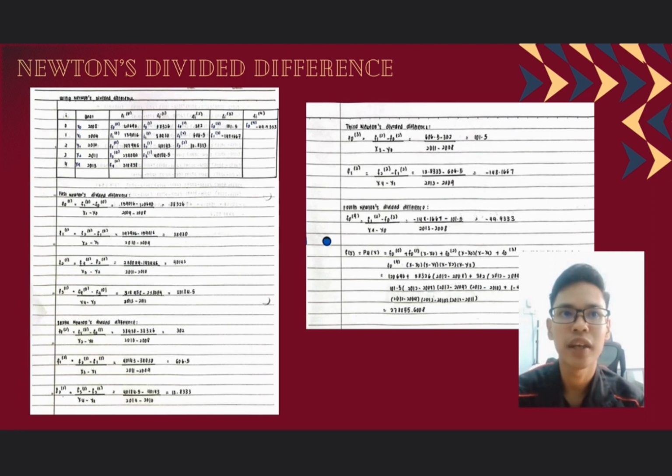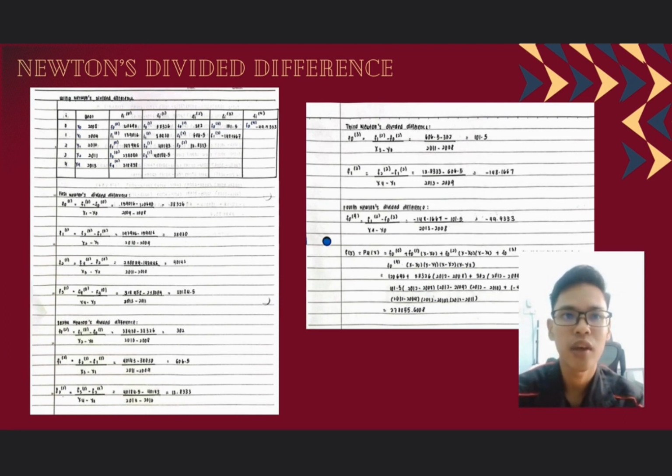The formula for Newton divided difference might be different from Lagrange interpolation. For Newton divided difference, we have to use a long table to find F0, F1, F2, F3 and F4. Each one has its own formula.